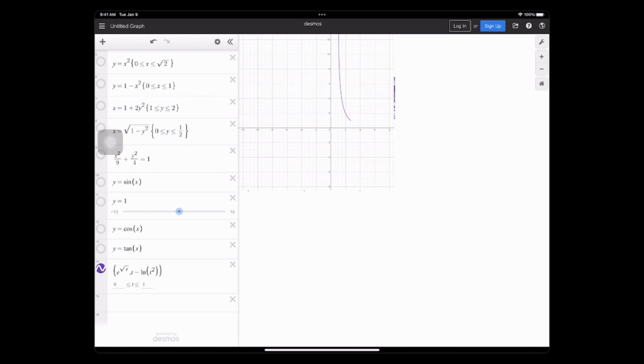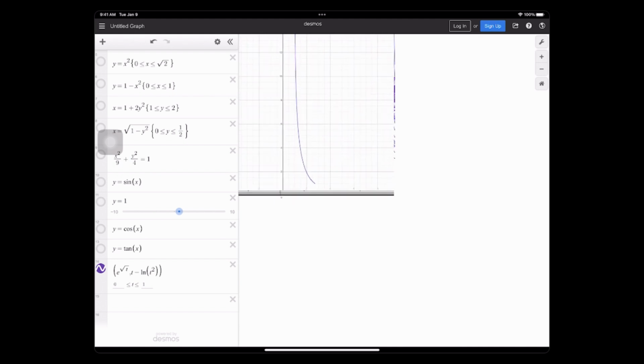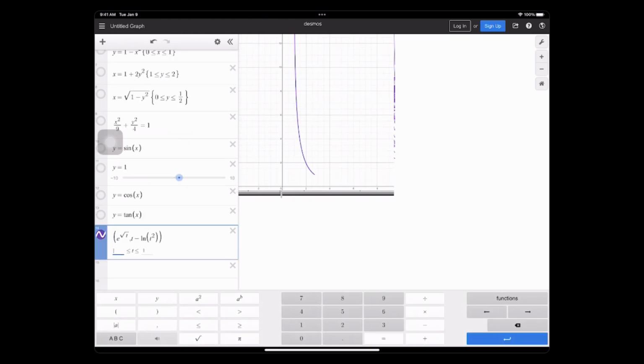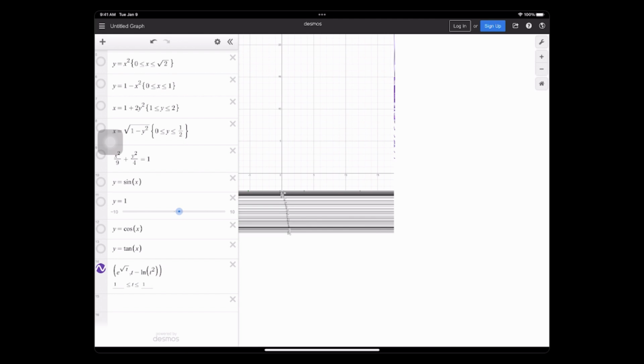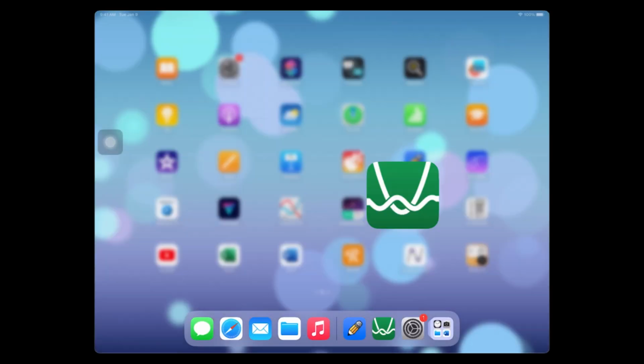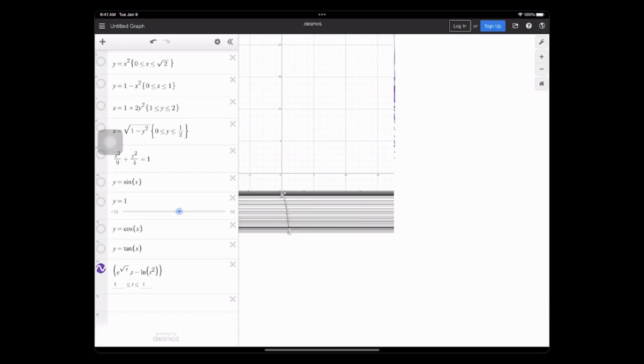Did I finally break Desmos? What happened in Desmos here? Something's weird. Desmos, you're broken. I don't know. What do we do with that?